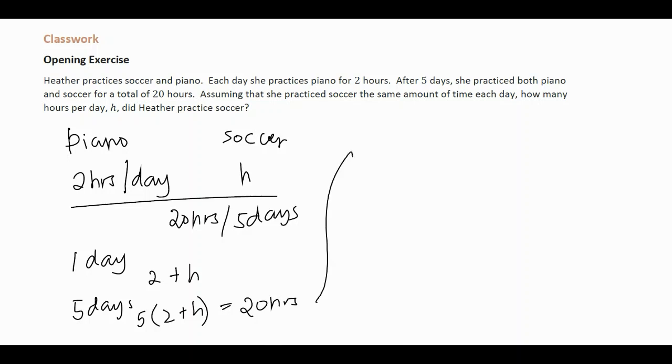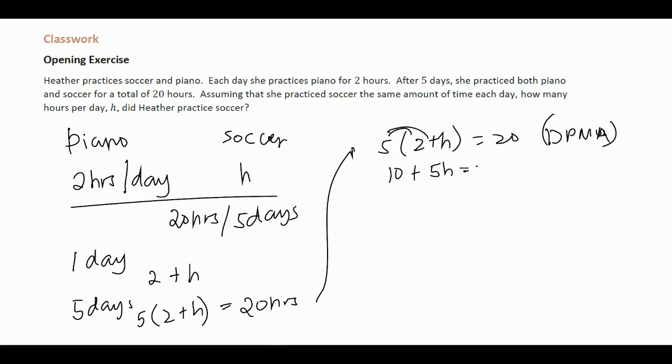So now, how are we going to do this? We use the distributive property of multiplication over addition. So we're going to have 10 plus 5h is equal to 20.